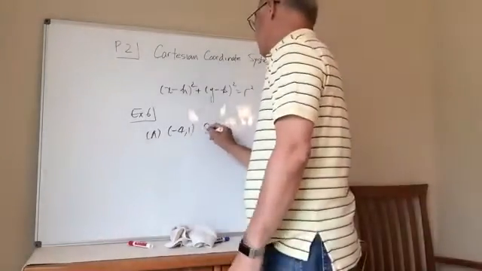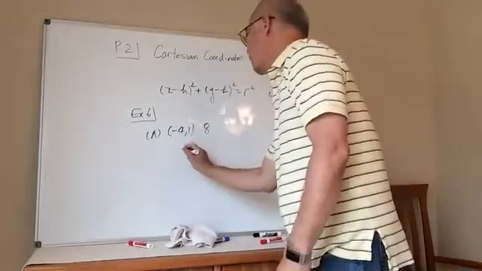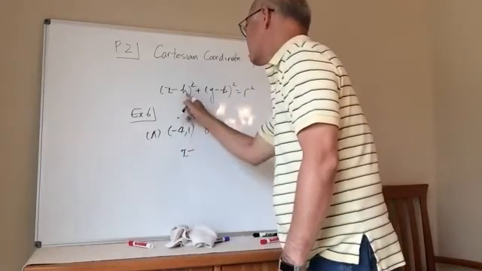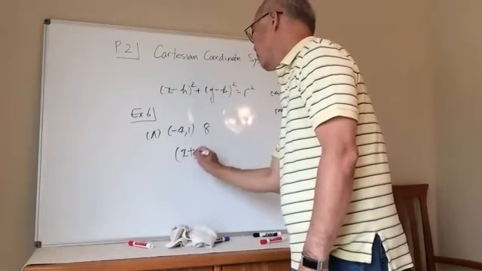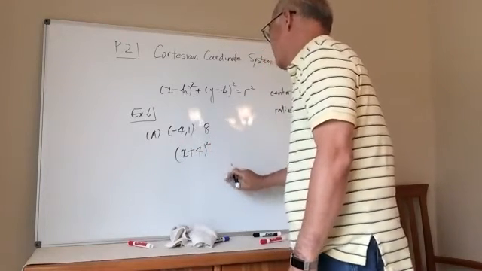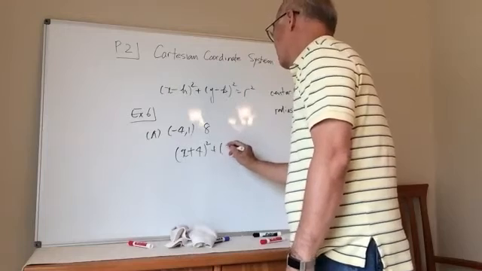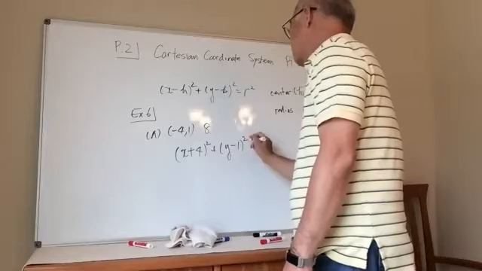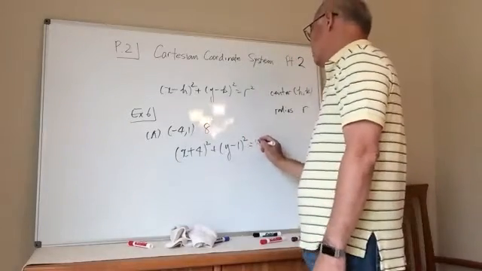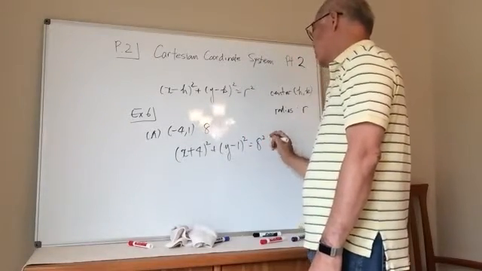We just plug and chug. I get (x - (-4))², which is (x + 4)², plus (y - 1)² equals 8².